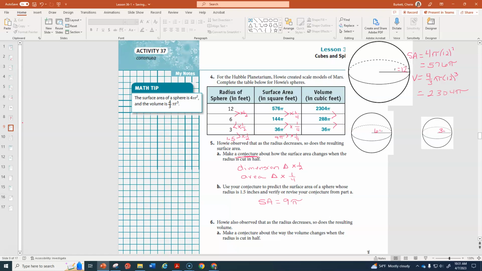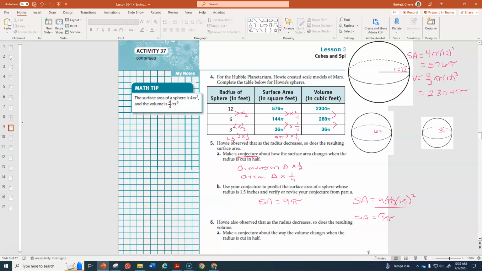And again, of course, you can verify that by taking the surface area formula, which is 4 pi times 1.5 squared. You type that in the calculator, and 1.5 squared times 4 is, guess what, 9 pi.